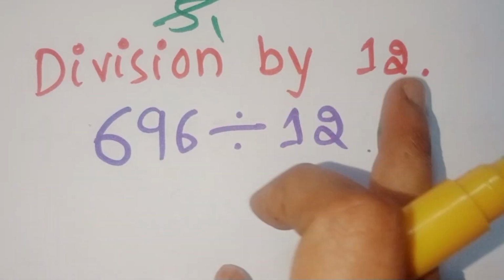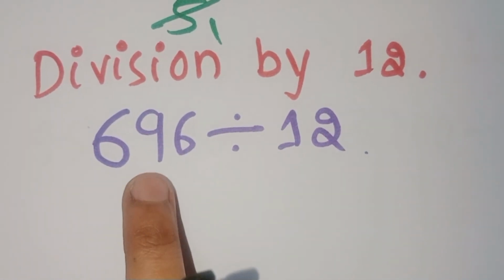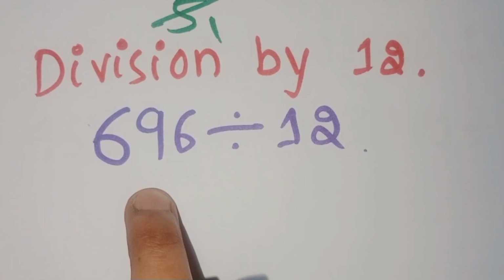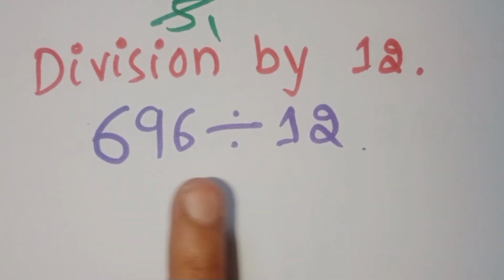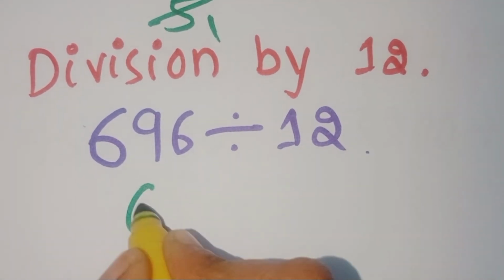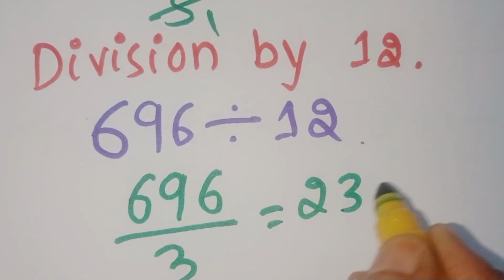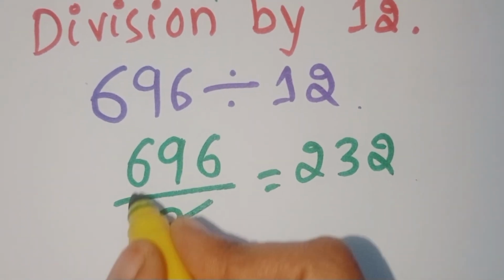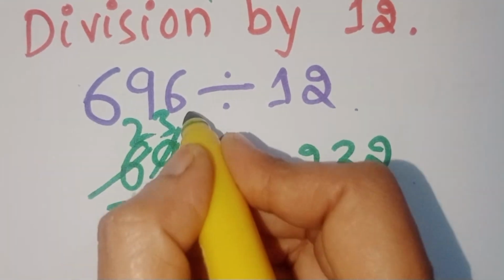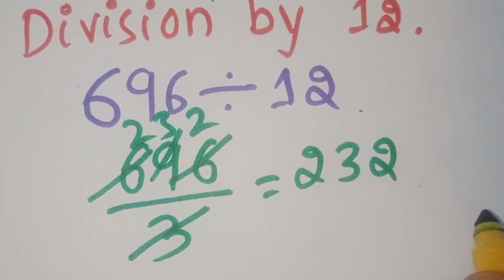Division by 12. First, divide this number by 3 and then divide the result by 4. 696 divided by 3. 2, 3, 2. 3 2s are 6, 3 3s are 9, 3 2s are 6. 232.